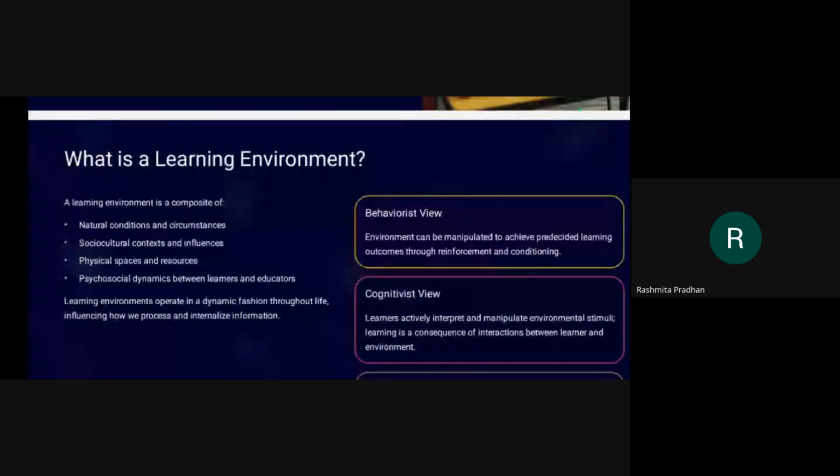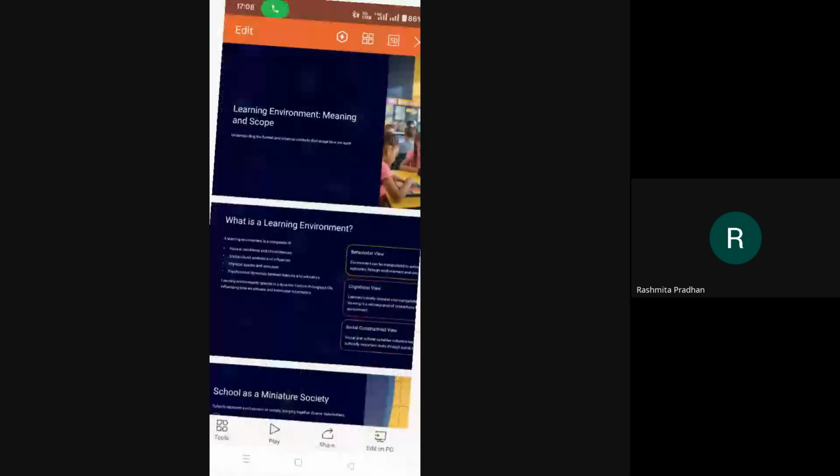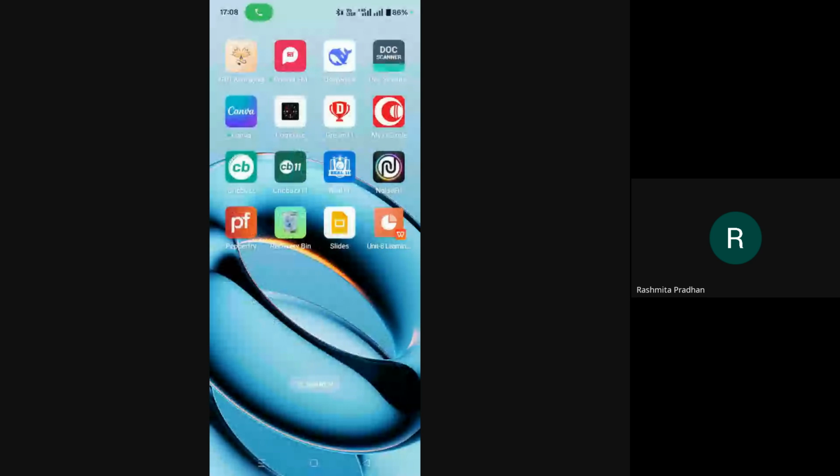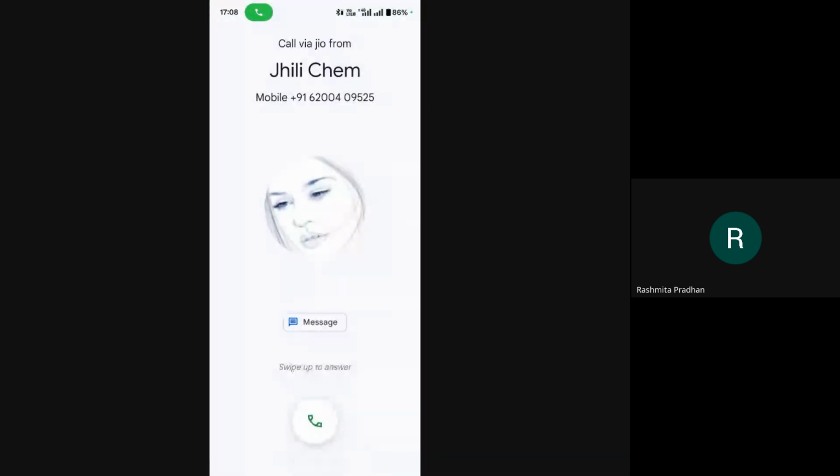Also some physical spaces and, just a minute. Okay, students, sorry for the disturbance.